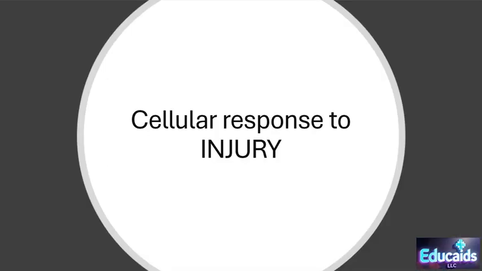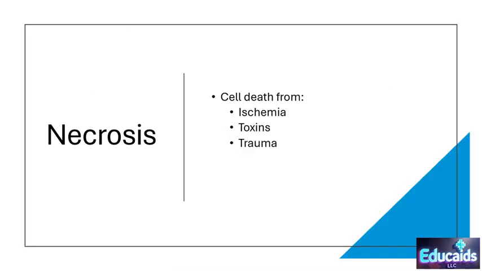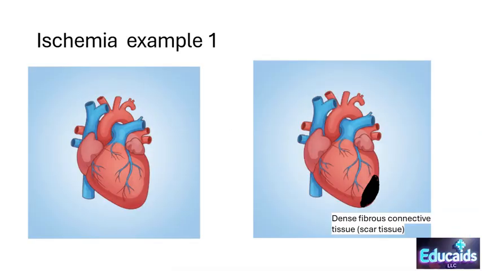All right, next section, cellular response to injury. One of them is necrosis. That would be cell death from ischemia, toxins, and trauma. Ischemia example one. So here's our normal heart. Here is our heart that's had a heart attack.